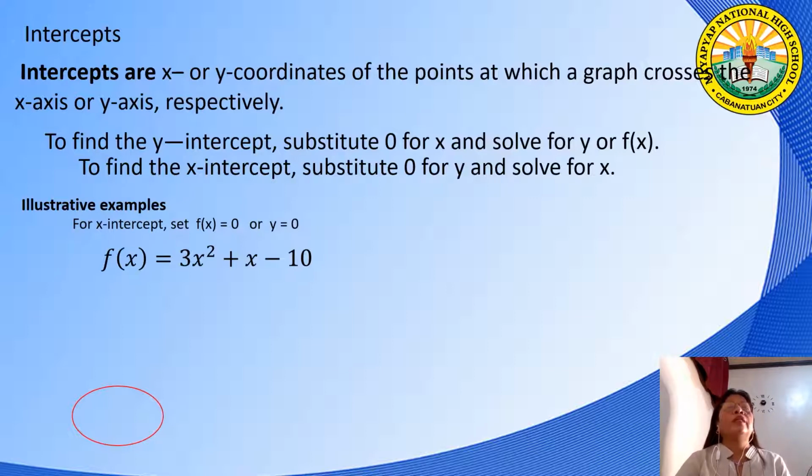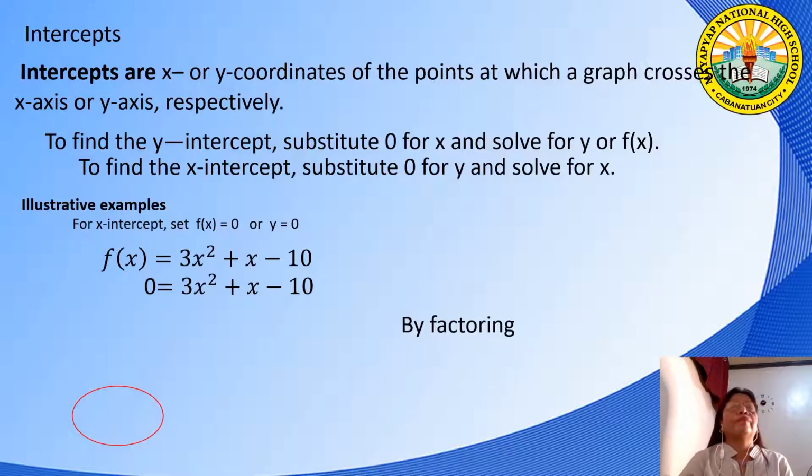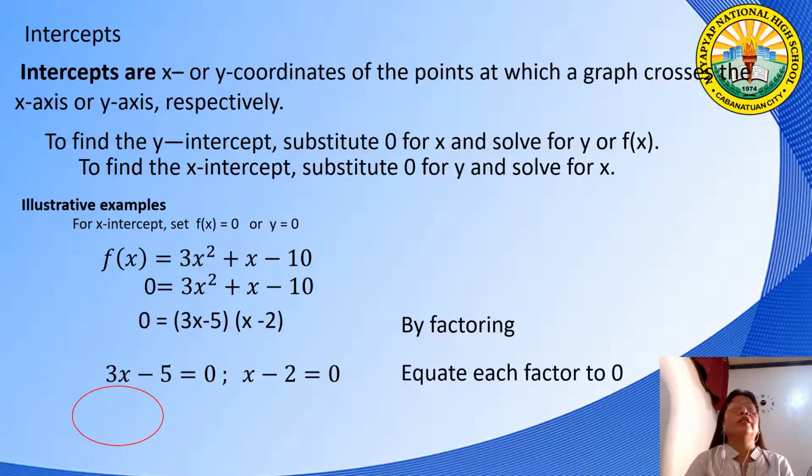So you set f of x to 0 equals 3x squared plus x minus 10. Then by factoring, since the left side is factorable, we have factors of quantity 3x minus 5 times quantity x minus 2. Then you equate each factor to 0.